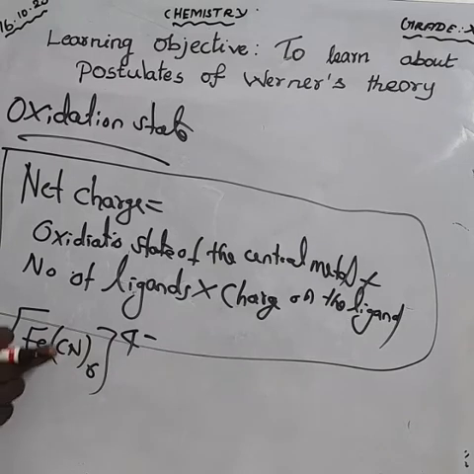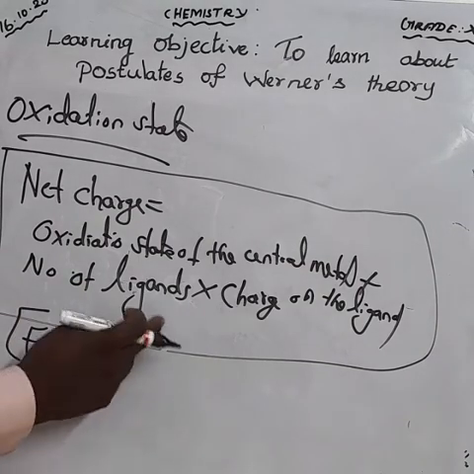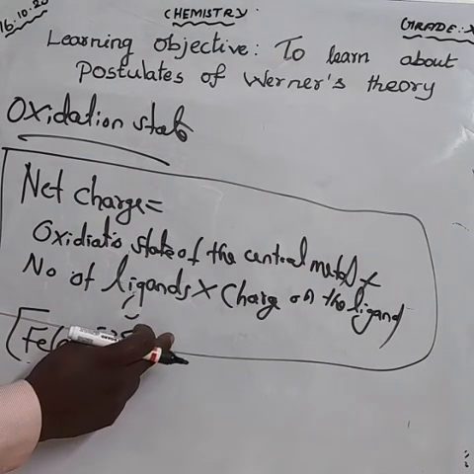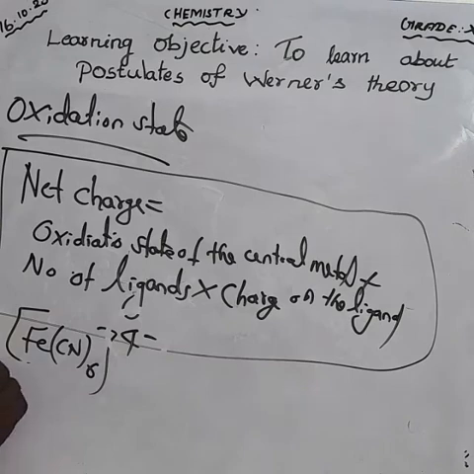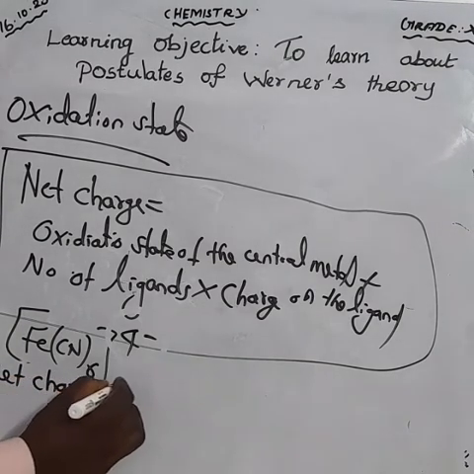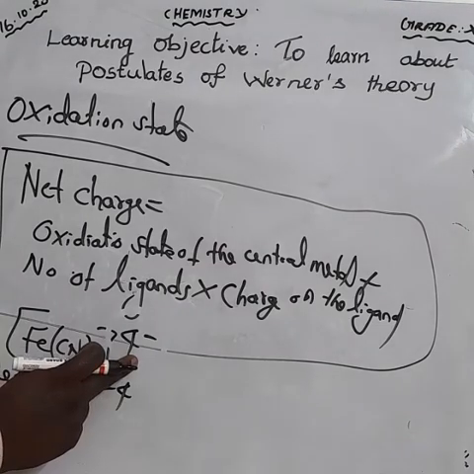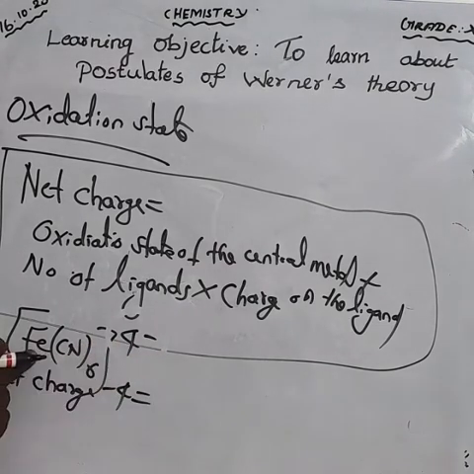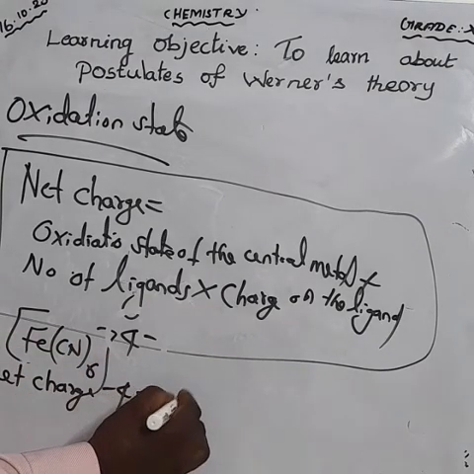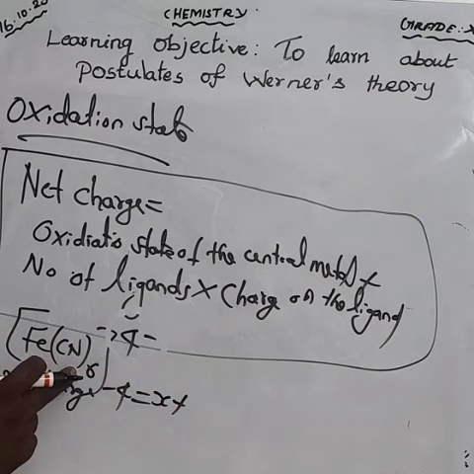We take it as X, since we don't know it. What is the net charge of this complex? 4 minus. We write minus 4 equal to X plus, and how many ligands are there? 6.